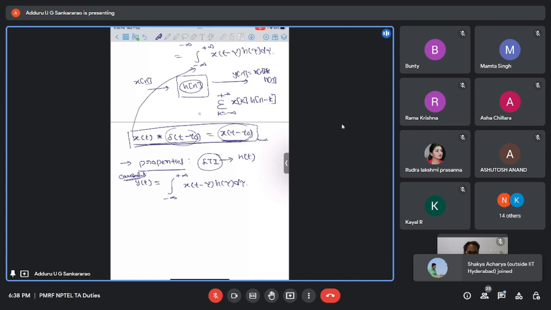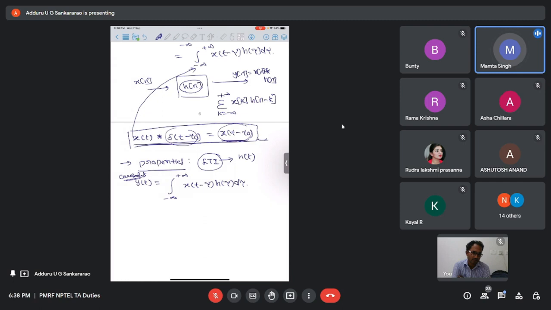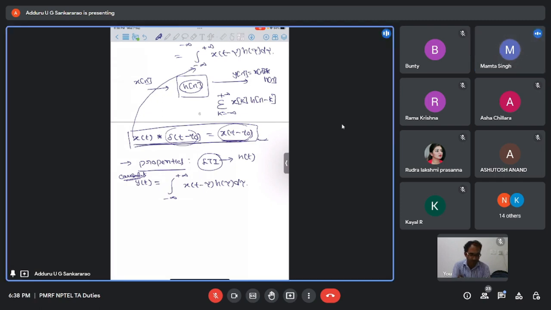Now for a causal system, what is the condition? Can somebody tell me what a causal system is? Sir, its output depends on the present and past input. Yes, its output should depend on the present and past inputs. It should not depend on the future inputs, right?